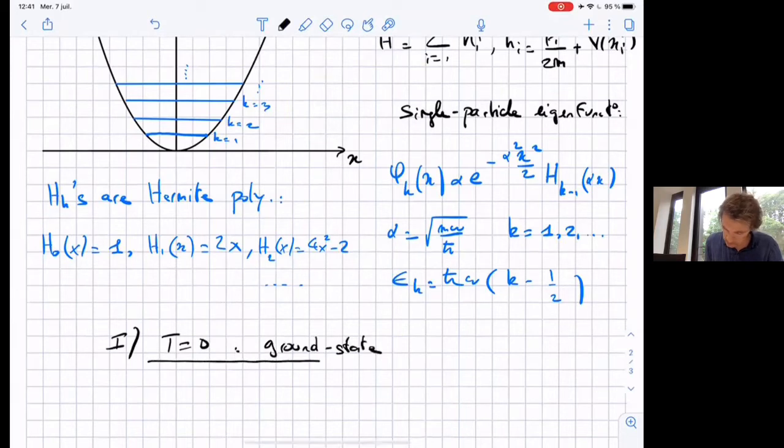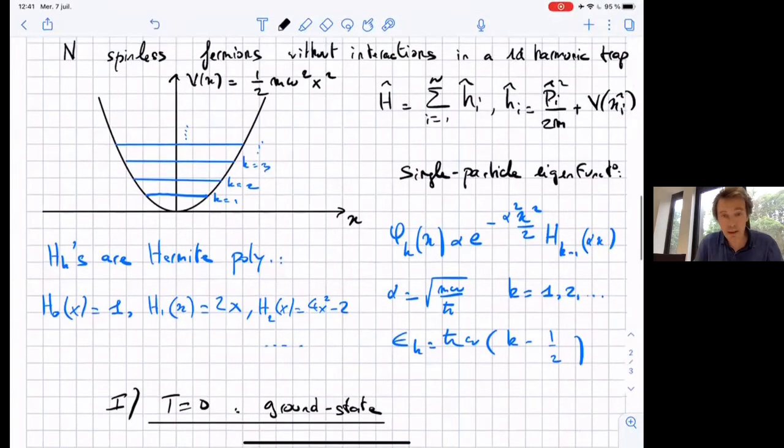So I want to understand the ground state of this problem. Because they are spinless fermions, I put my first fermion here on the ground state. The second fermion will be there. The third fermion will be here. And the fourth fermion will be somewhere there.